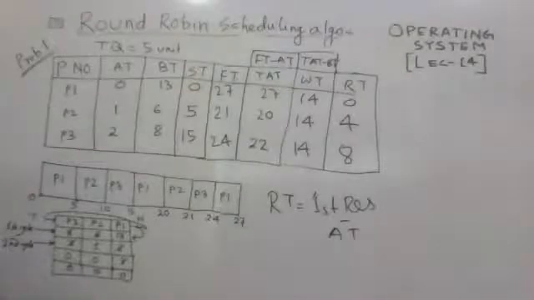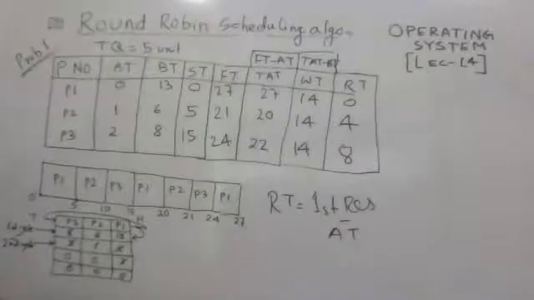And now we can easily calculate the average value for turnaround time, waiting time and response time. And also here we can calculate the throughput. Throughput is equal to the number of processes executed by the CPU per unit time. So here the total number of processes executed is 3 and the total time taken is 27. Using this chart we can say the total time is 27.